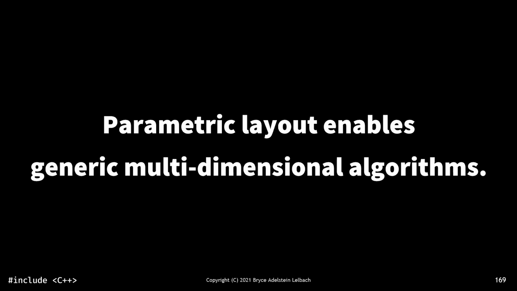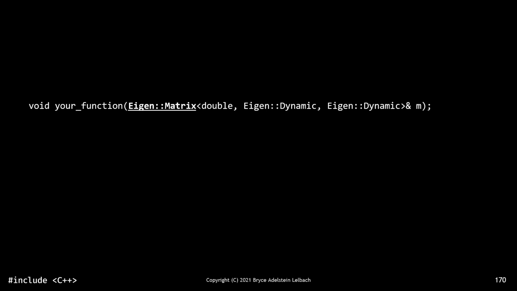Parameterizing layout is critical because it allows us to write generic multidimensional algorithms that can be used with any layout. This is an essential component of portability because different layouts may be needed on different platforms to deliver on performance. Today, we have a major vocabulary problem with multidimensional types in the C++ ecosystem.